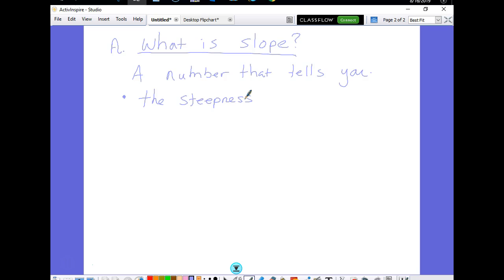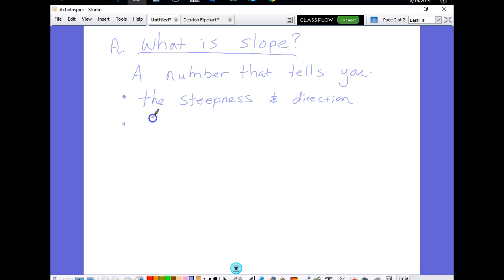Even if it's a big negative number, like -10, that would be really steep, just in the opposite direction. +10 would be really steep in the upward direction. Things that are small, like 1/5, that's a small number, right? That's a flat line. They're getting really close to being flatter. So it's steepness, and it also tells you the direction. By direction, I mean positive or negative. Is it going up, or is it going down if you go to the right? All right, so that's what slope is there.